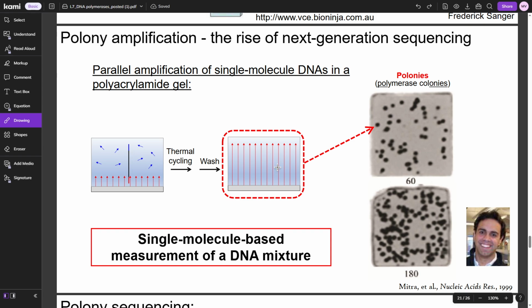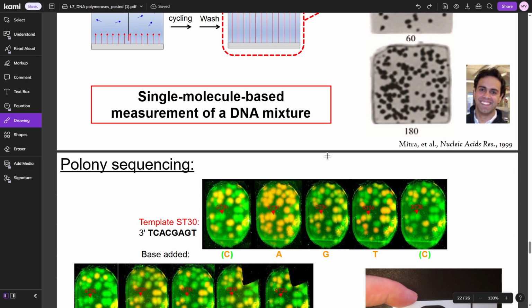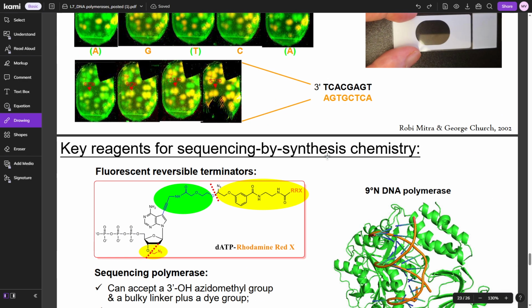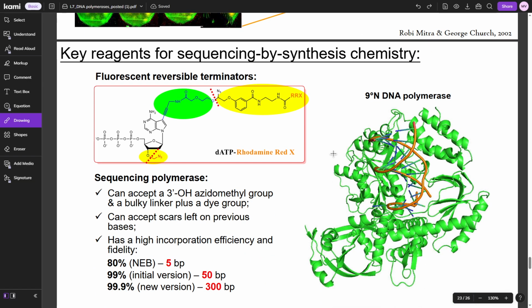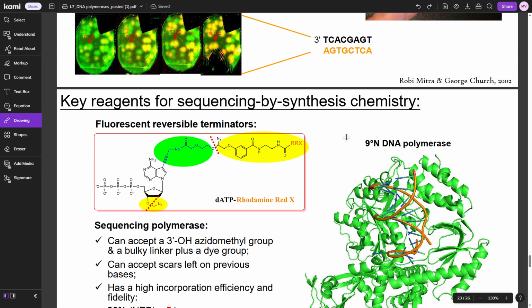The nuance to how this is different from Sanger sequencing is the type of chain terminators you use. In Sanger sequencing, you use irreversible chain terminators. You use ddNTPs, so they have no 3' OH, and you use them with dyes. But this version of sequencing is different because what it uses instead are reversible chain terminators.